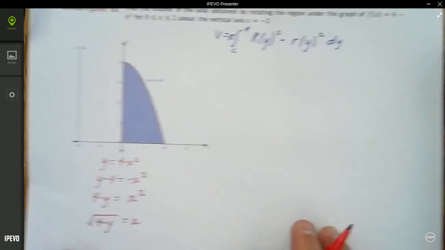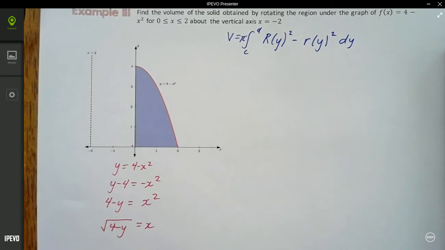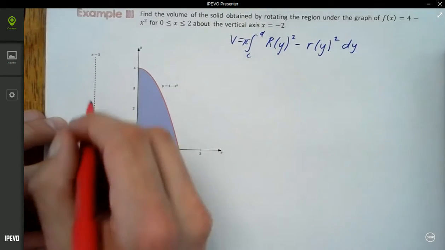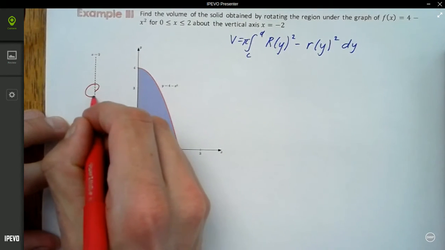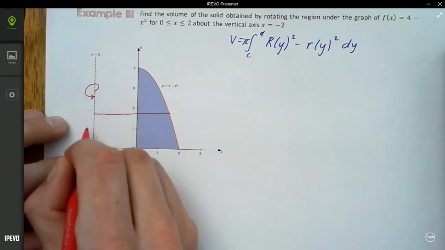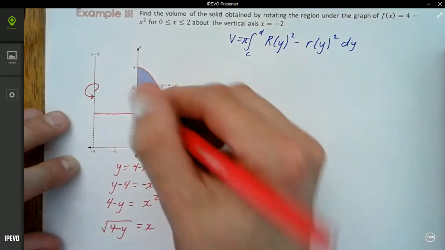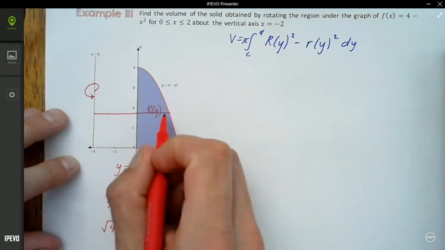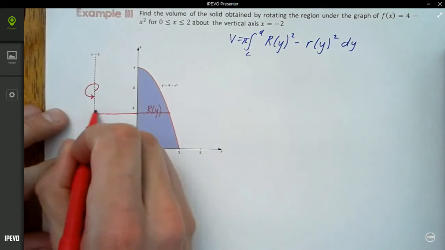So that's really important. So now let's find our big R of y and little r of y. So from the line we're rotating about, we draw a line horizontally. Remember, these lines drawn horizontally are perpendicular to what we're rotating about. So here's big R of y. And remember, this time it's your right function minus your left.